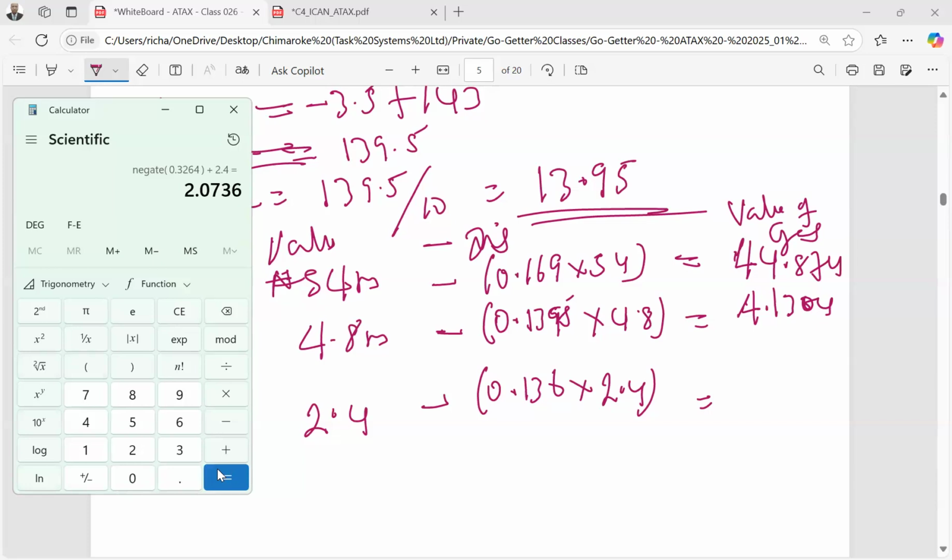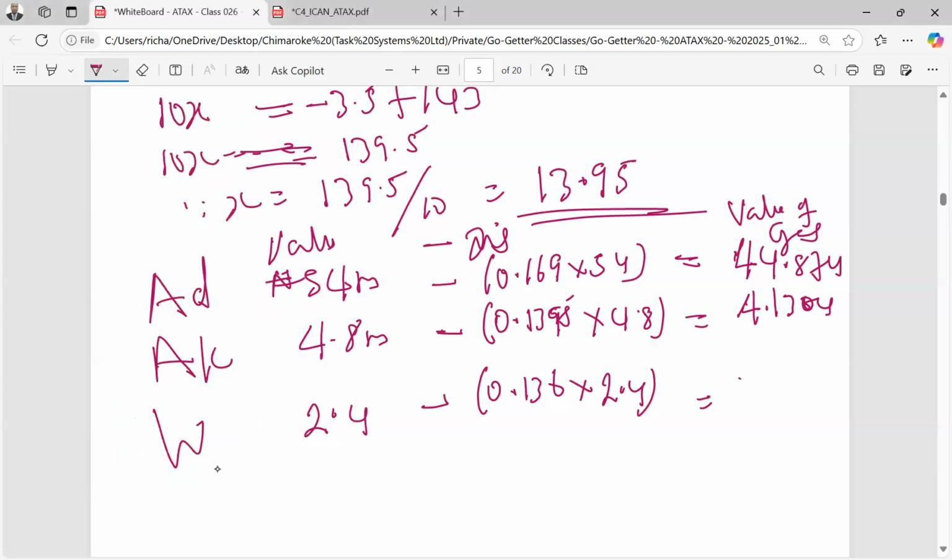That gives you 2.0736. So this is the gas value. So you have a contract, 54 million. Now the value that you'll be chargeable is 44.874. That's depending on the gas factor. So that's how to calculate gas.